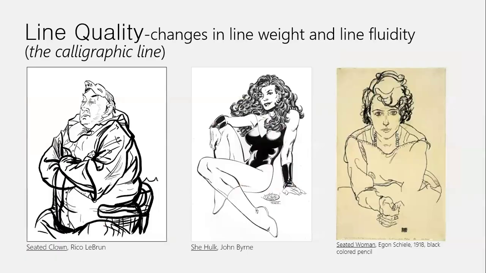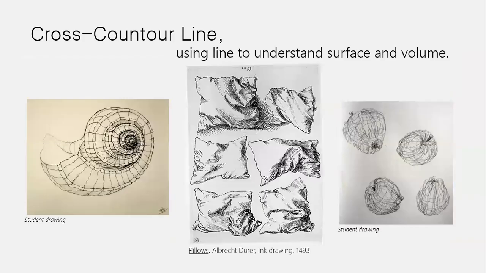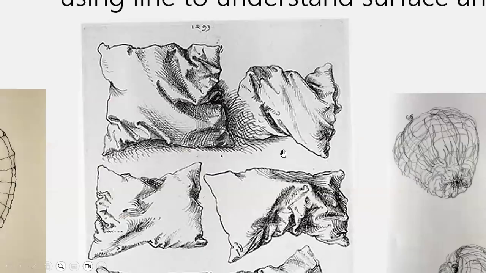Besides change of line weight, the other main way that lines can create value is through repetition of mark, sometimes what we call hatching and cross-hatching, but any kind of building up of mark-making systems. We can see that here. Let's zoom in a little bit. You can see how these dark areas are created by just building up lines upon lines upon lines.